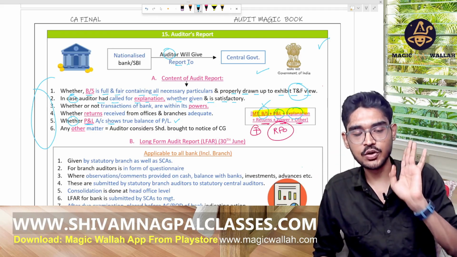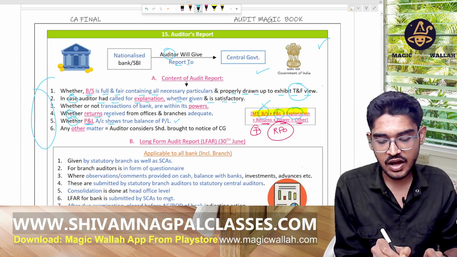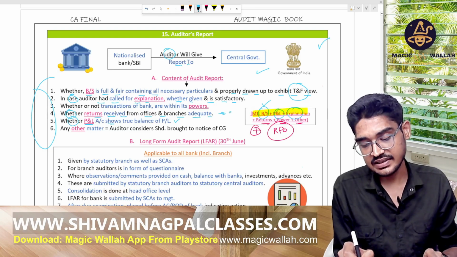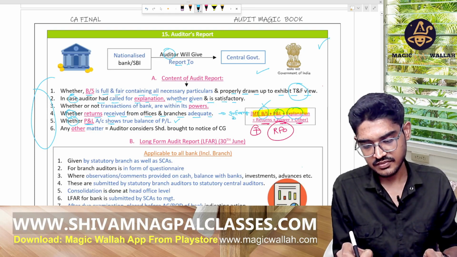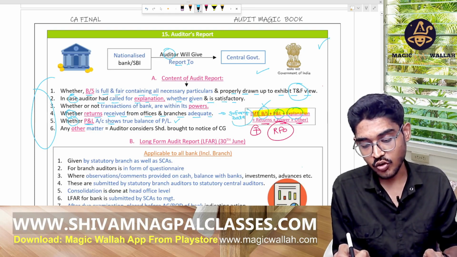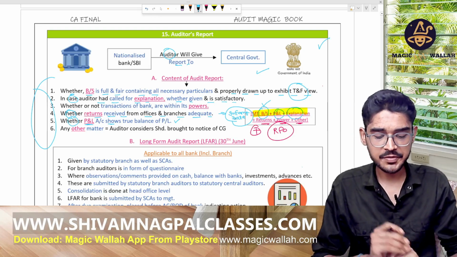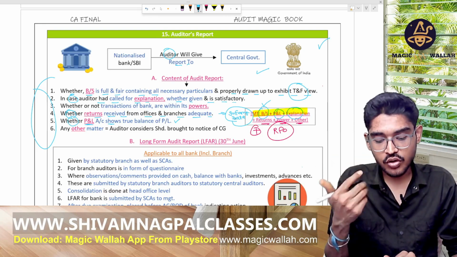Plus RPO. So R means returns. Whether the returns received from the offices and the branches are adequate. You can say information, data received for the audit are enough or complete or not. Right? Power. So all the transactions done by the bank, are they under the power of the bank or not.